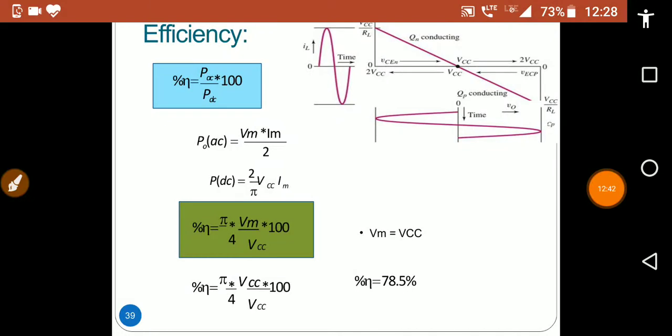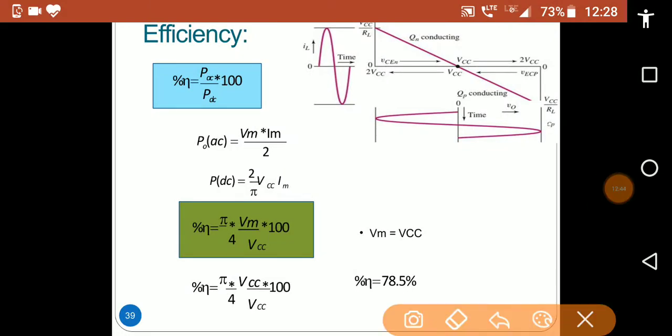So let us see the efficiency. Percentage efficiency is equal to PAC by PDC into 100. So output AC POAC equal to Vm into Im by 2 and input DC equal to 2 by pi into VCC into Im.